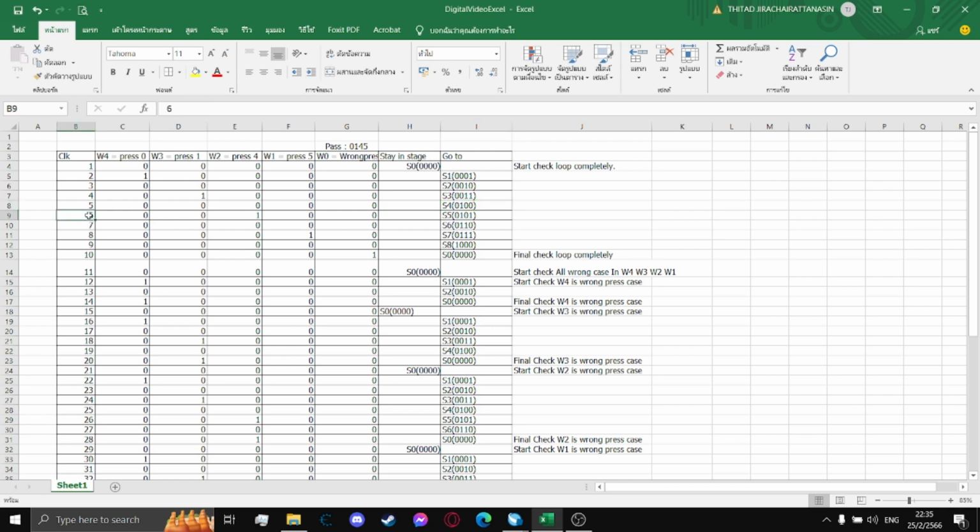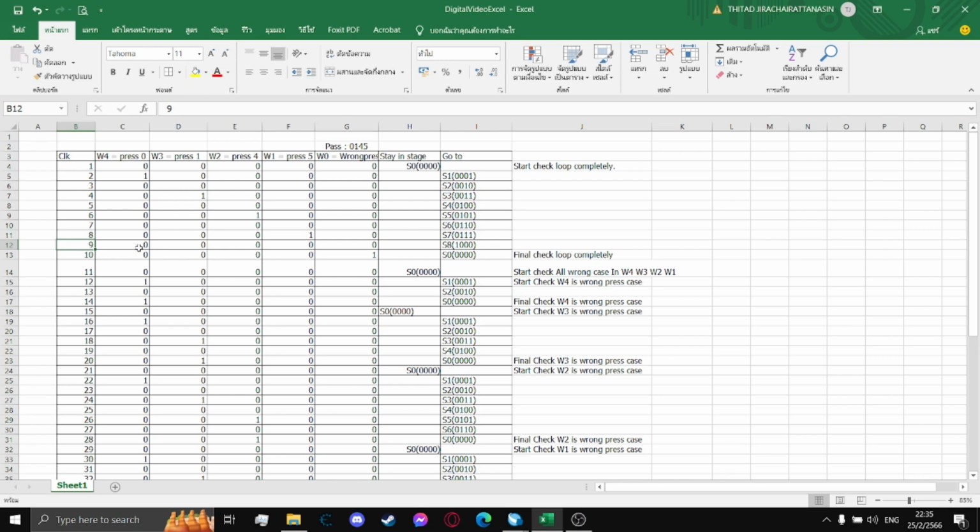And clock 6. Clock 6, when you press 4, it will go to state 5. State 7, when you do not press, it will go to state 6. And clock 8. In clock 8, when you press 5, it will go to state 7.